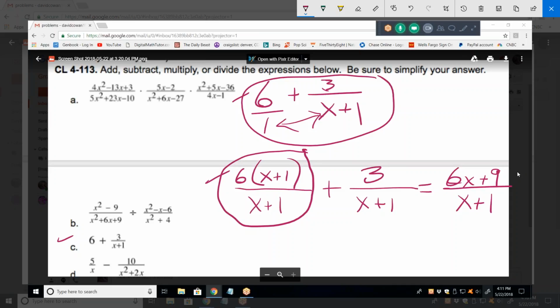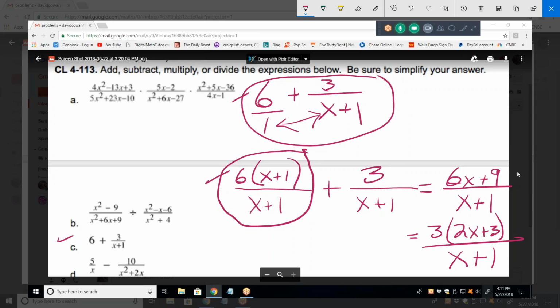Now, I suppose it's possible that if I factored something out of this, it would produce me with the same factors as in the denominator, and I could simplify it further. But I can see that's not going to happen. I could factor a 3 out of the numerator, but that's not a simplified answer.